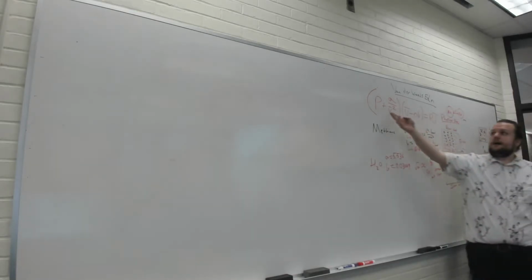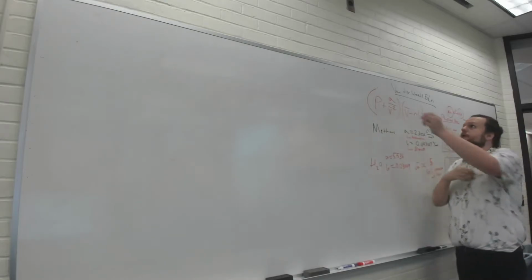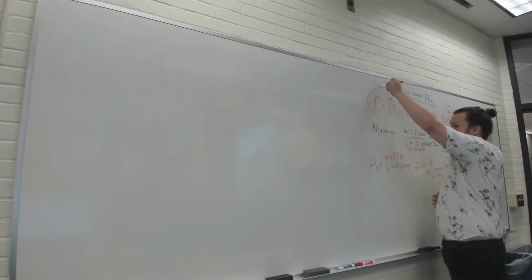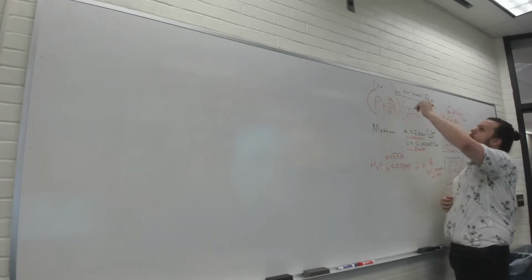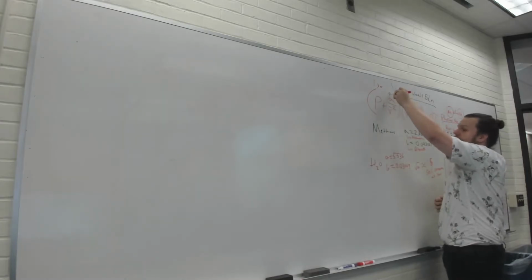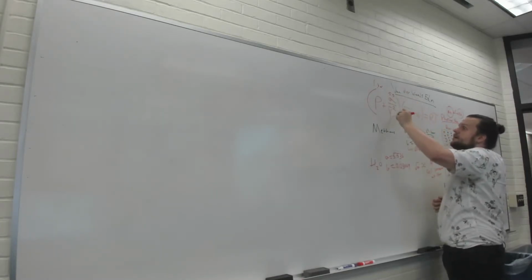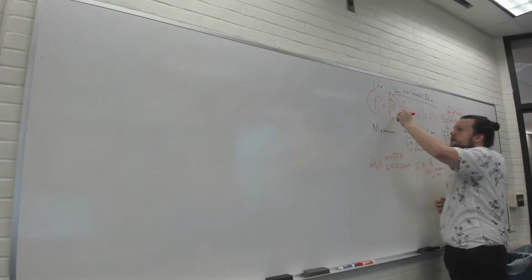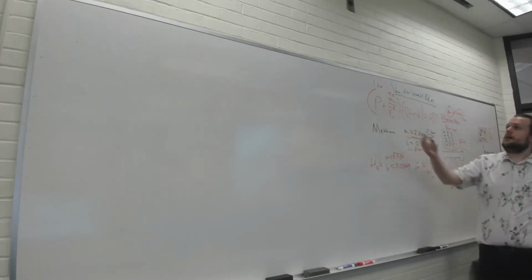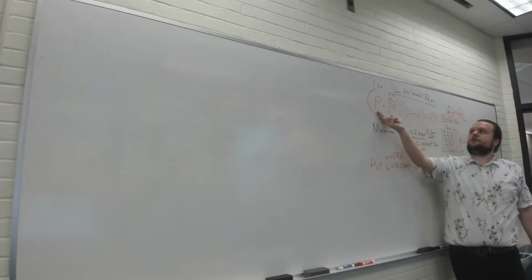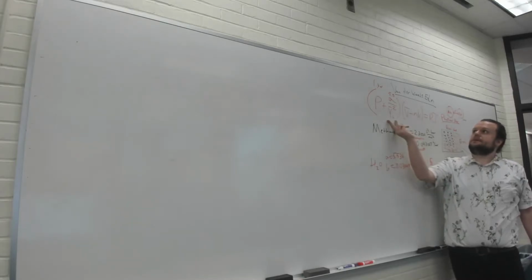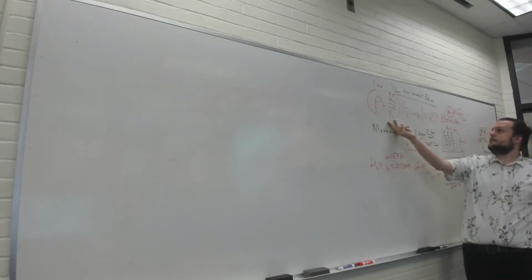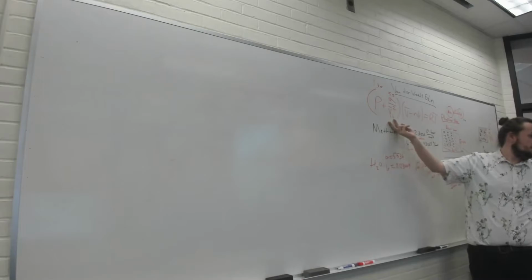You take P as 1 bar. What are the units here we're using? Yeah, 1 bar. If you take P as 1 bar, this to be 5.5, and this to be 1 liter, your pressure now, your ideal pressure at 1 bar, is now approximately 6 bar.